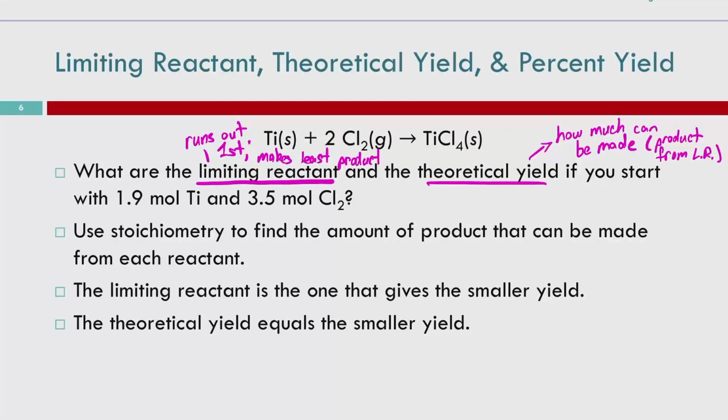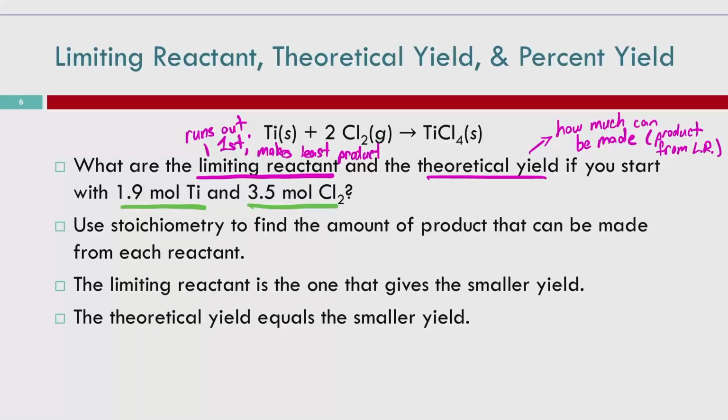LR. We are starting with 1.9 moles titanium, 3.5 moles chlorine. So we want to use stoichiometry. We are provided stuff in moles. We weren't asked for final amounts in grams, so we can also just answer these in moles. So just ramping it up a little bit in terms of difficulty.